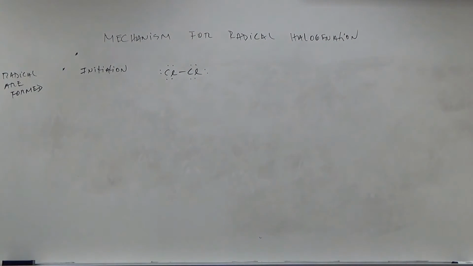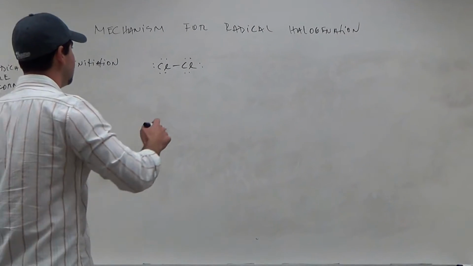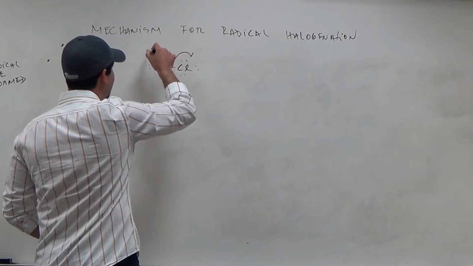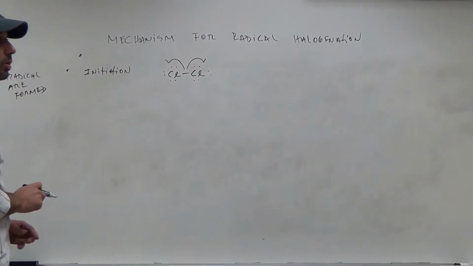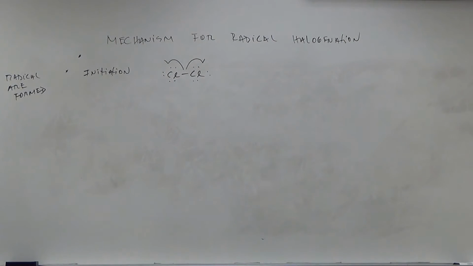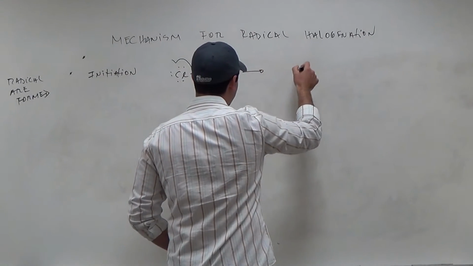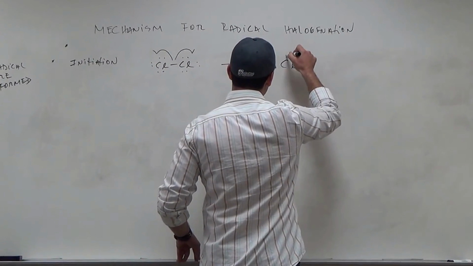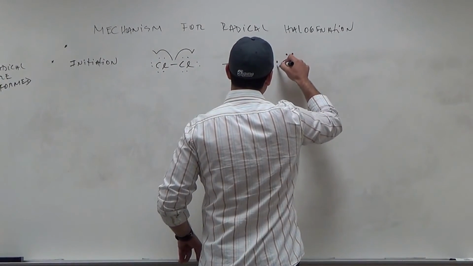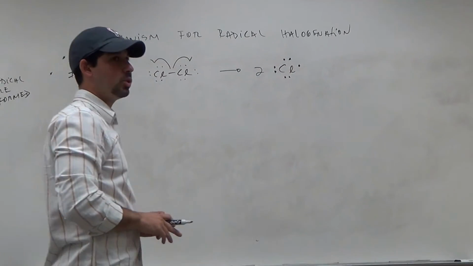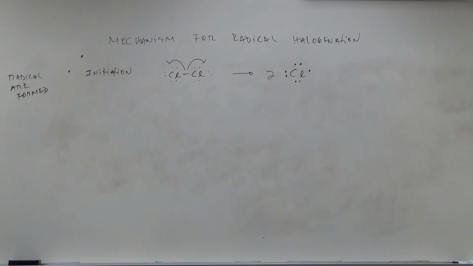What happens is homolytic bond cleavage, and you are going to form 2 Cl radicals.